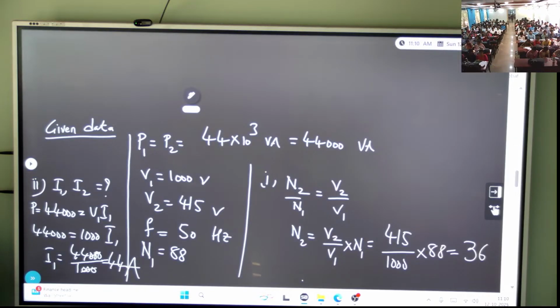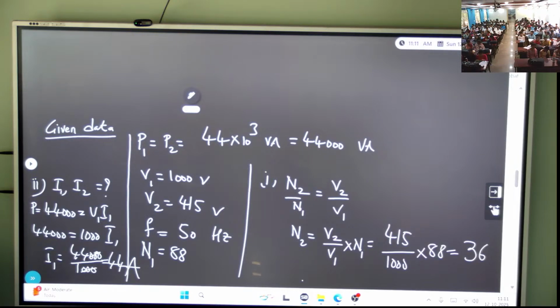After knowing the value of I1, can you find out I2? I2 by I1 is equal to E2 by E1, V2 by V1, or N2 by N1 also, no need to worry.